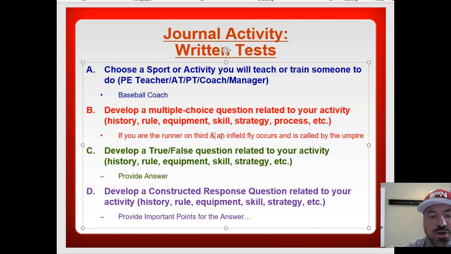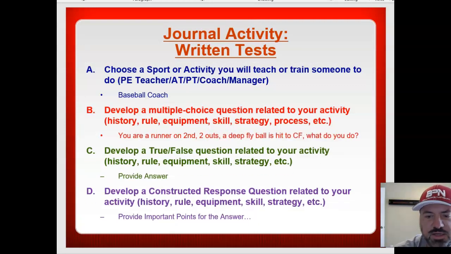I might leave it that open, but really I'm probably going to provide them with a little more detail. So if you're the runner on third and an infield fly occurs and is called by the umpire, with less than 2 outs.